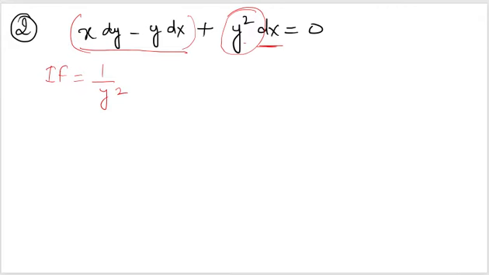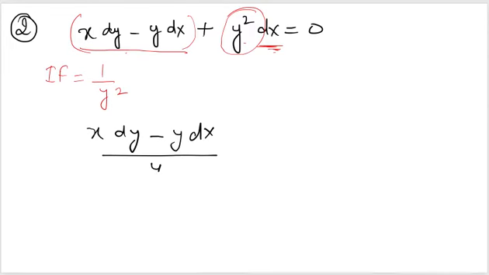So when you have three terms in this kind of expression, the third term can give you a clue of the integrating factor. So here I got a clue of the integrating factor 1 by y square. Why is it a clue? Because y square is not working with dy, it is not integrable with dx, but it will work on this side. So my question is going to move ahead with 1 upon y square.